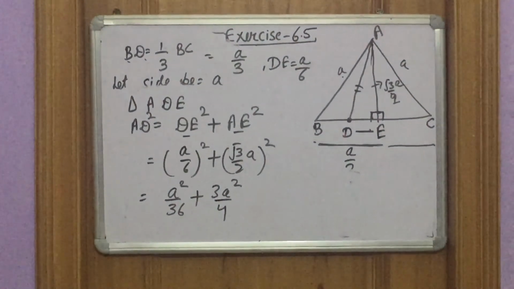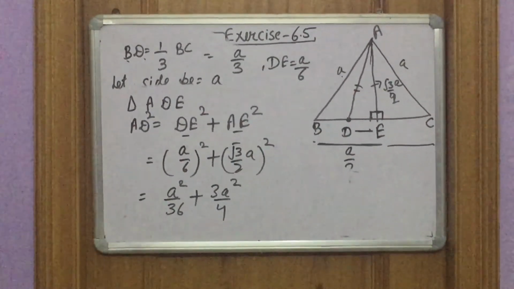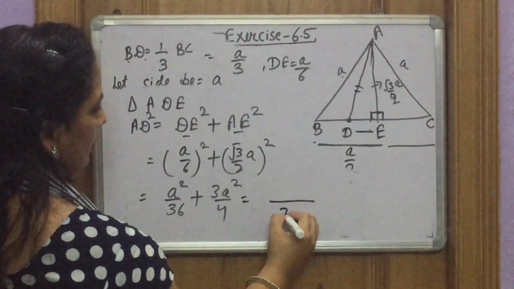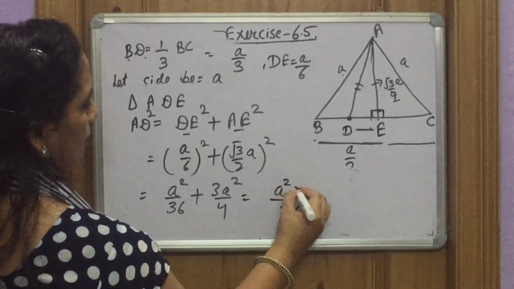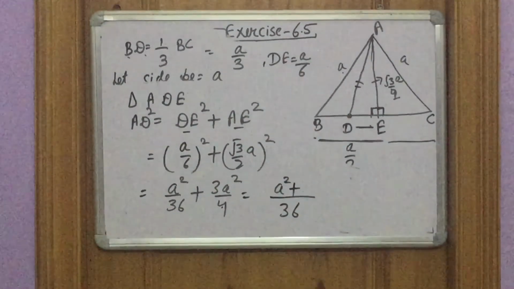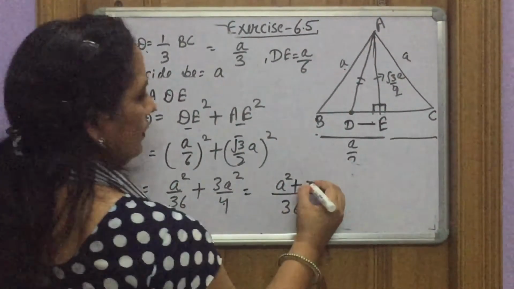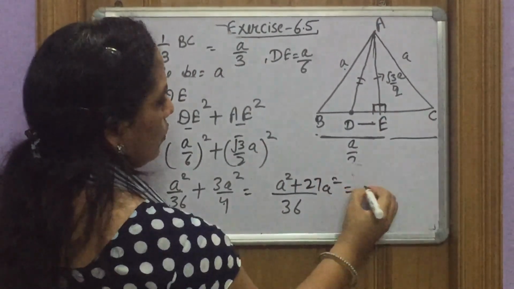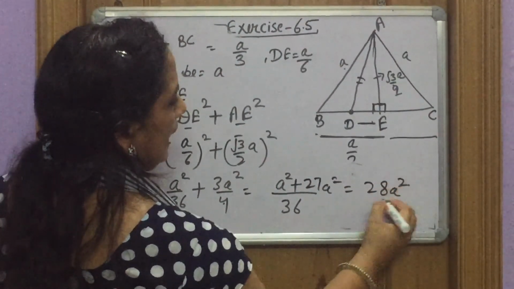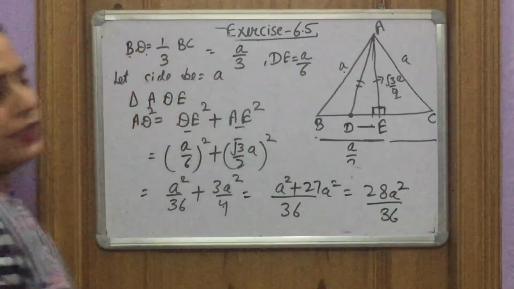We can take the LCM and LCM will be 36. a square plus 4 9 9 3 are 27. So it will be equal to 28a square by 36.